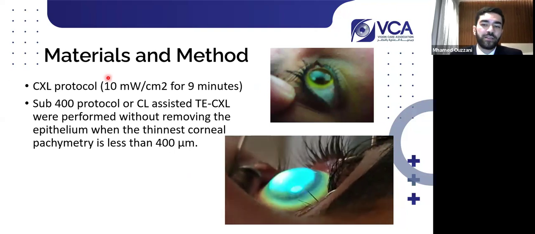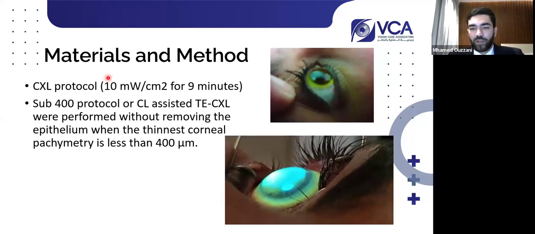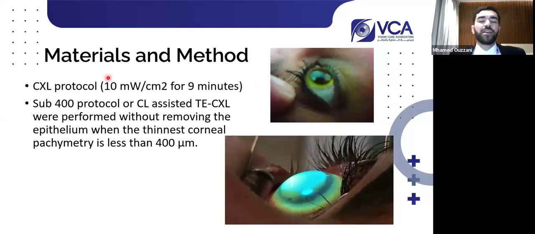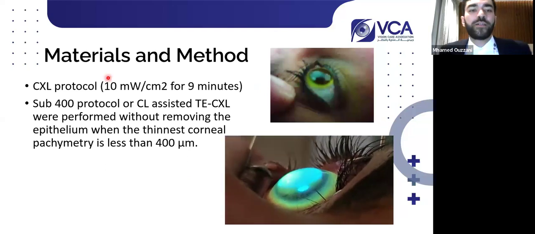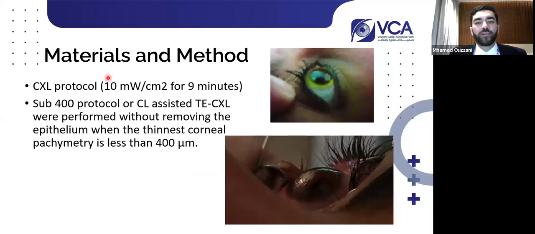Here you can see when we are performing the cross-linking. In some cases, but this is not the study, today I gave a lecture at the World Keratoconus Congress about the sub-400 protocol, but I will not talk about it in this presentation.